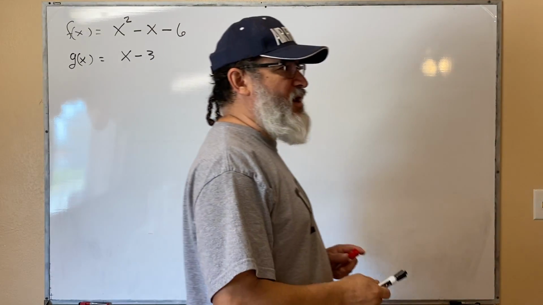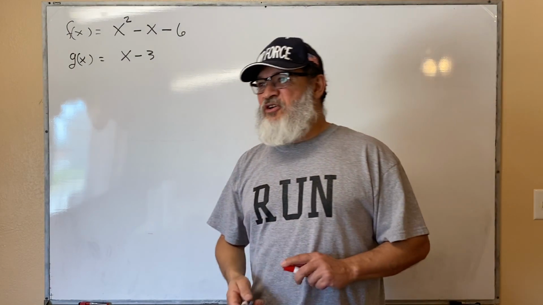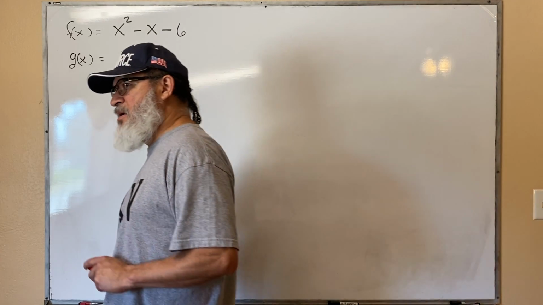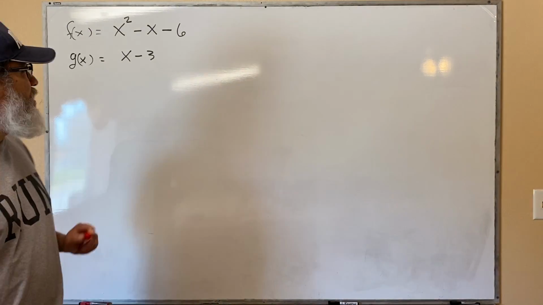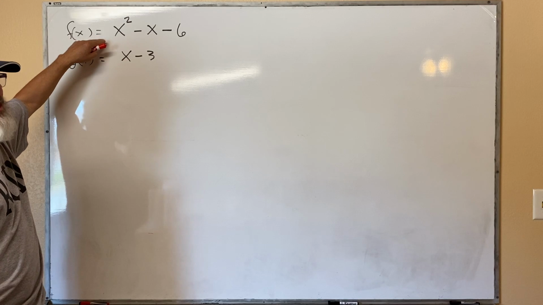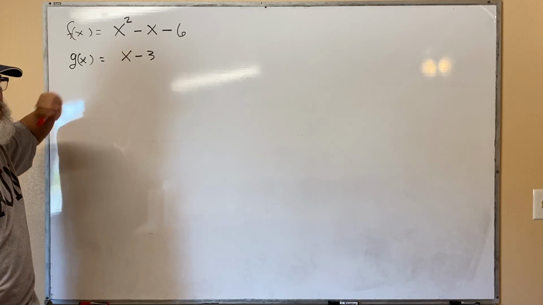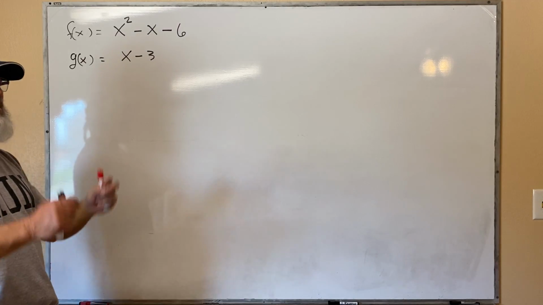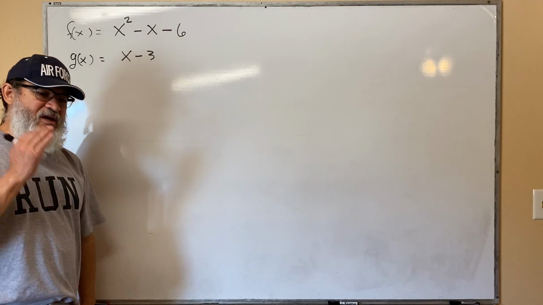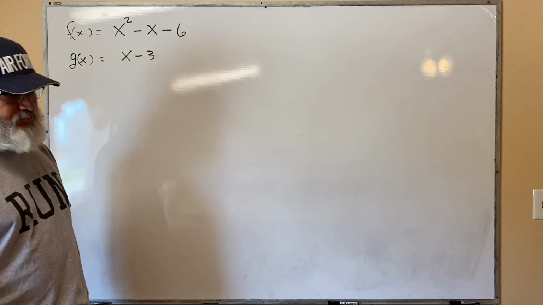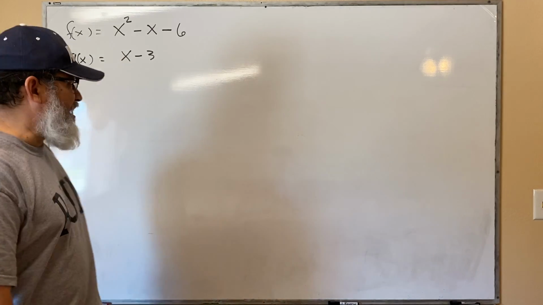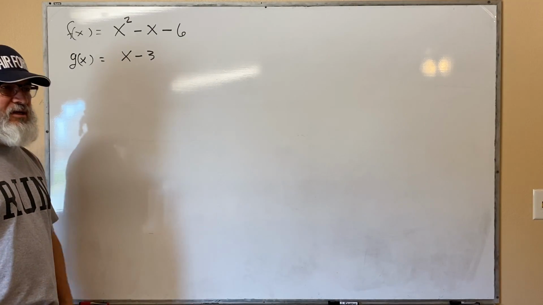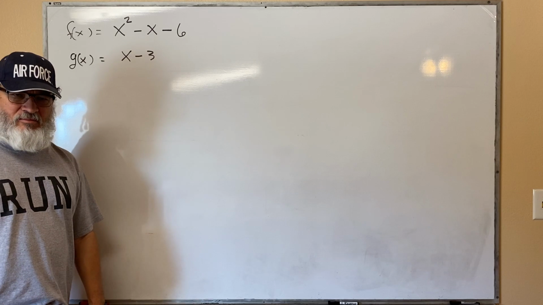So here we have two functions. The first function is a quadratic function. When you graph it, it's a parabola. It opens up, passes the vertical line test. It's a function. The second function is g of x. That's a linear function.